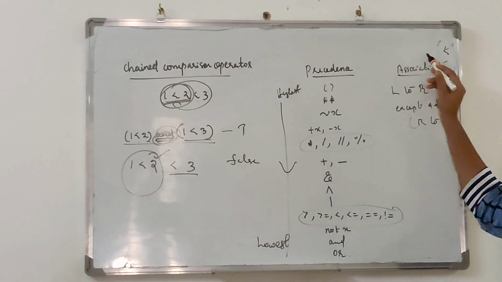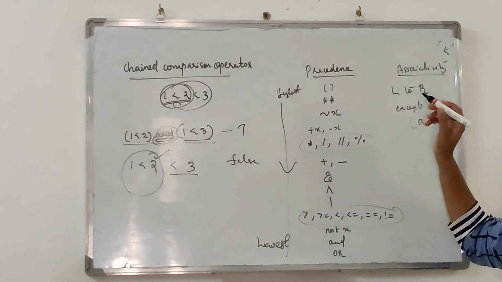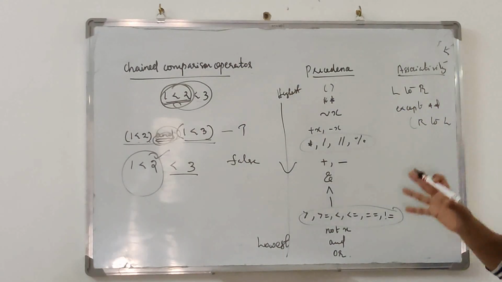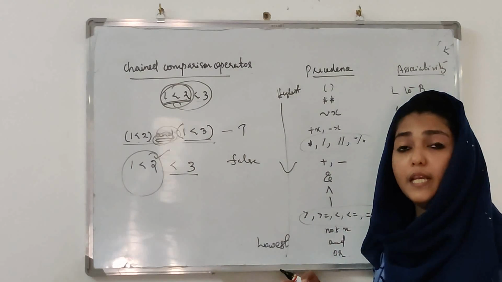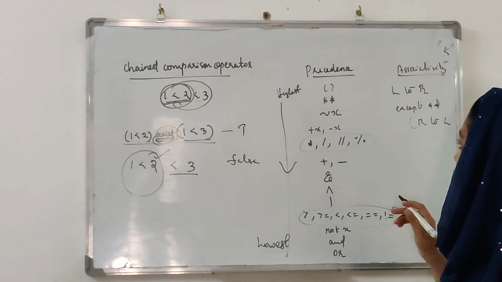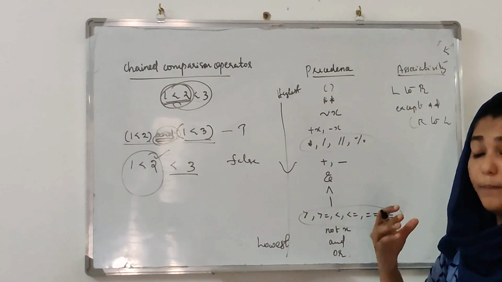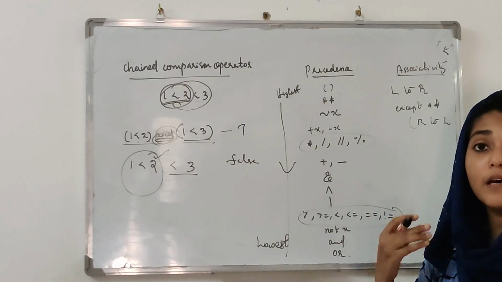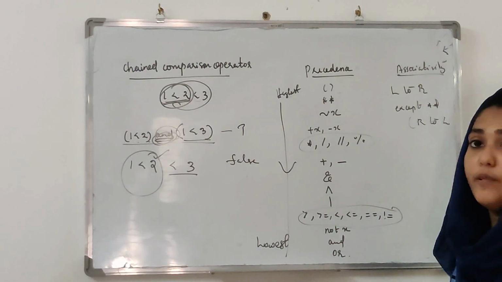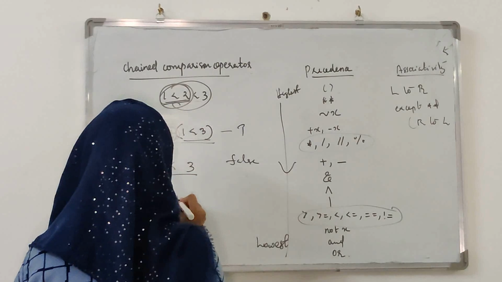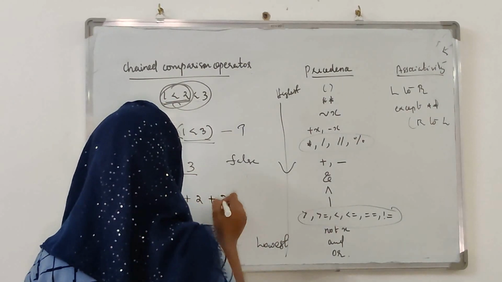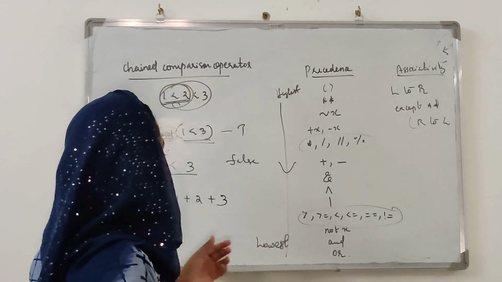And the last topic is operator associativity. Operator associativity means, if in an expression a particular operator comes more than one time, how can we evaluate the expression? For example, 1 plus 2 plus 3. How can we evaluate this expression?